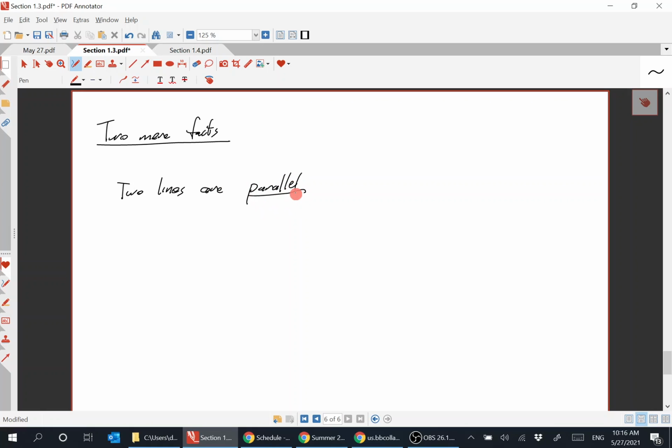Well, parallel means, you know, the distance between them is a constant. So their slopes must always be the same.